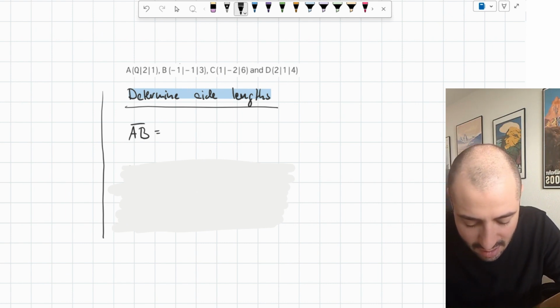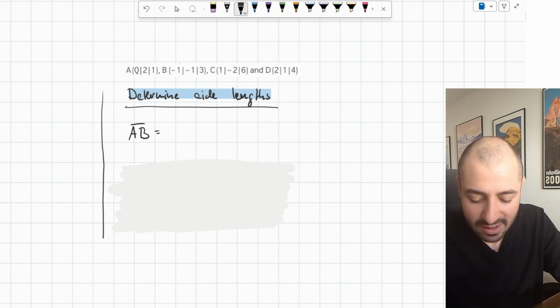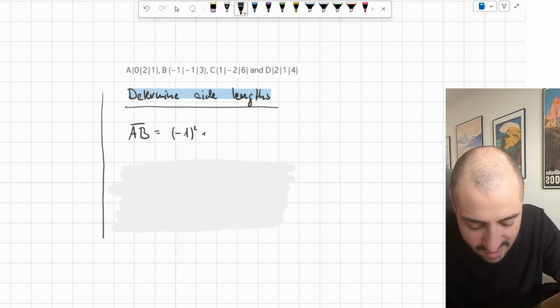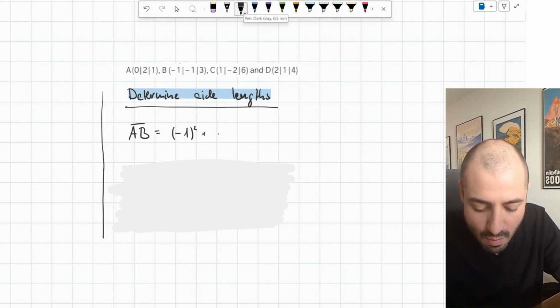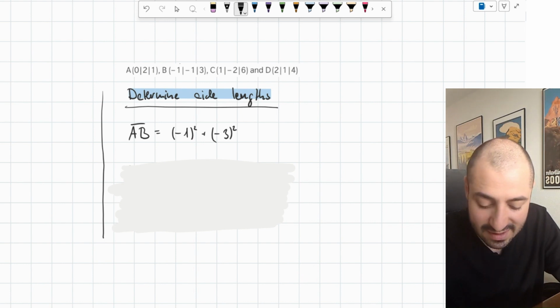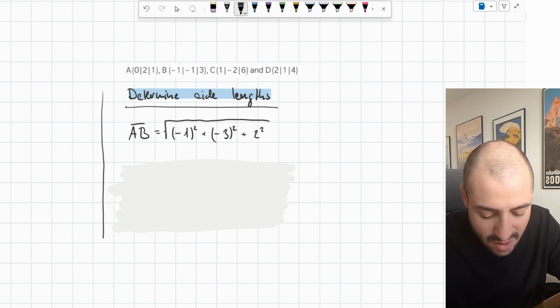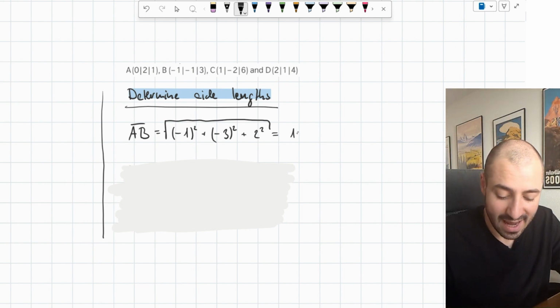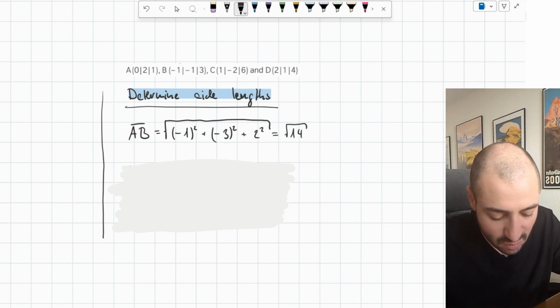And that's just the difference in the x direction. That's from 0 to -1, it's -1. So -1 squared plus the difference in y direction, 2 to -1, that's -3, squared, plus the difference in z direction, so it's from 1 to 3, 2, so plus 2 squared, and then the square root of that, and that's 1 plus 9 plus 4, so square root of 14.